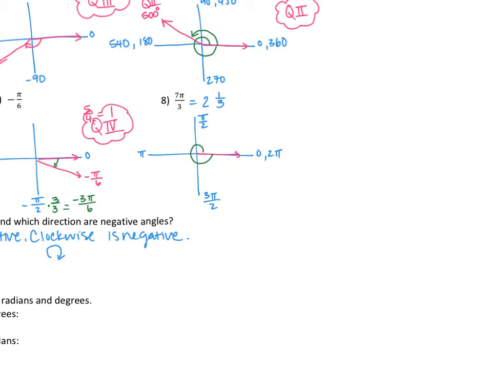So I've already got 2 pi done. I need about a 1/3 left. So I need to go 1/3 more. 1/3 pi is not bigger than half a pi, right?